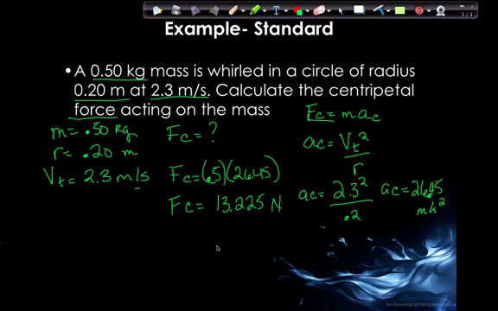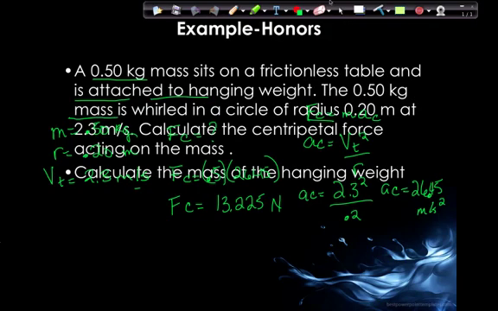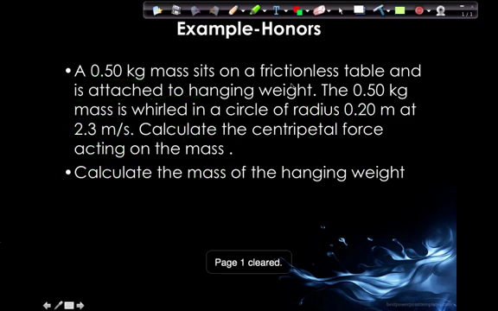Alright, so the honors had something extra to solve for, so let's go back and look at that. It says we have a 0.5 kilogram mass that's sitting on a frictionless table, and it's attached to a hanging weight.